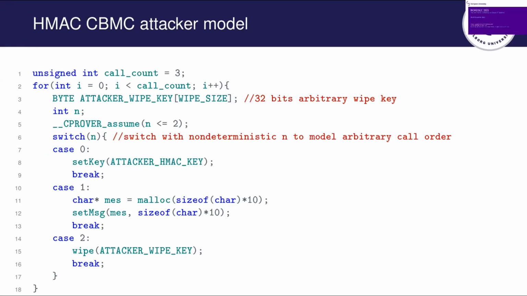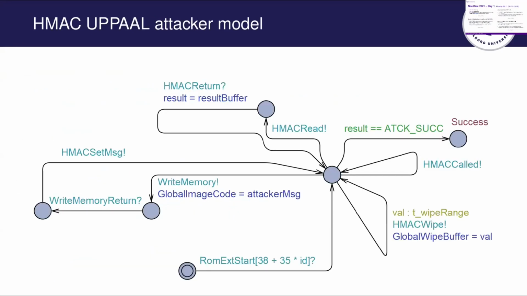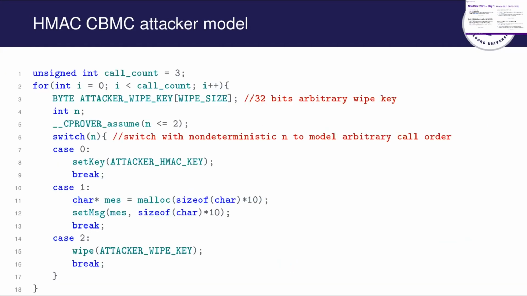Okay. Good. Thank you. So basically, we can model this in both CBMC and UPPAAL through a simple Dolev-Yao style attacker. In CBMC, as we haven't looked at that much yet, we can make a non-deterministic choice and just let it perform any of the operations on the HMAC module that we've seen.